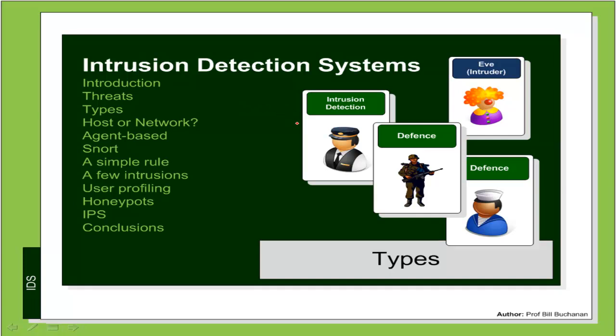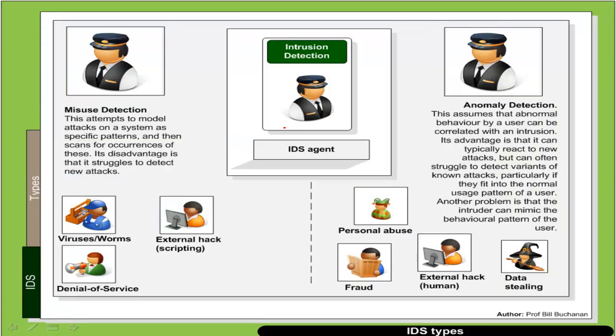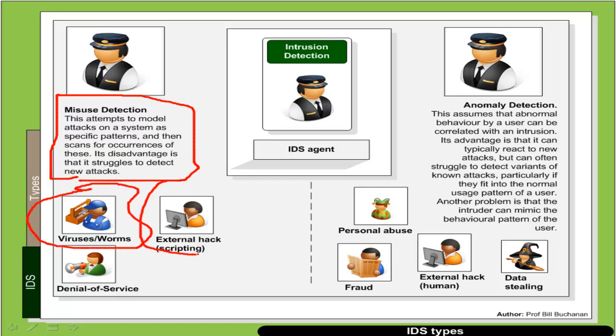Okay, so what are the different types of intrusion detection system that we can have? Basically, the main type that we have is misuse detection, and that typically uses standard signatures which have been well proven and developed, and this type of system is good for detecting worms and viruses, a scripting attack, and also for attacks such as denial of service.